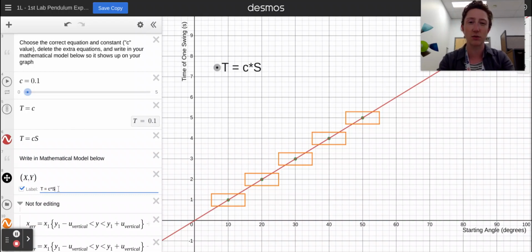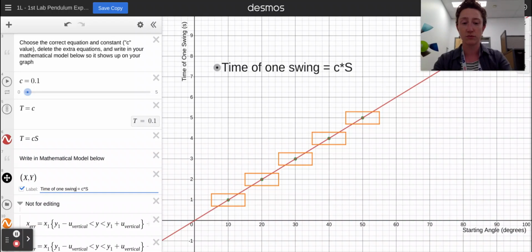You could use the X if you wanted to. Okay, what does T stand for? Well, I'm pretending like this is my pendulum lab data. So T would stand for time. It's fine to just write time, but I'm going to go ahead and write the whole dependent variable: time of one swing, is equal to, I'll come back to the C.